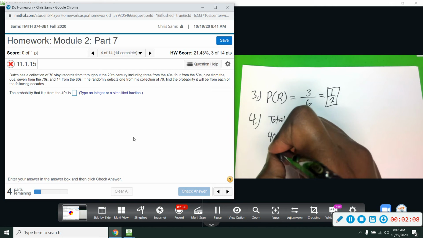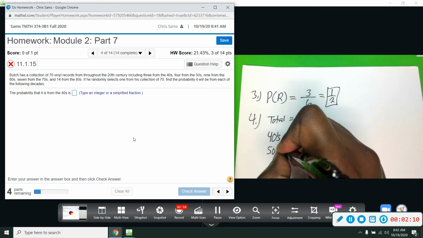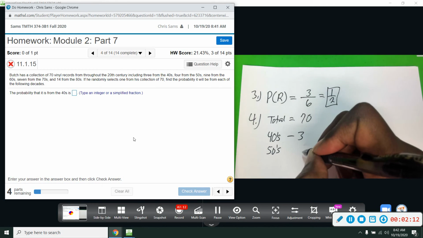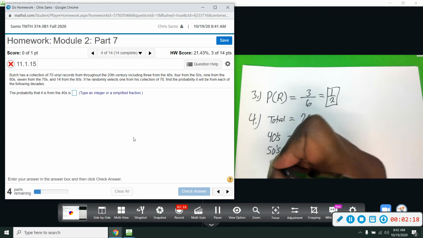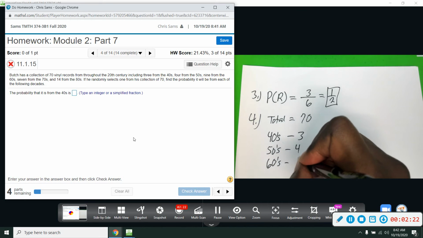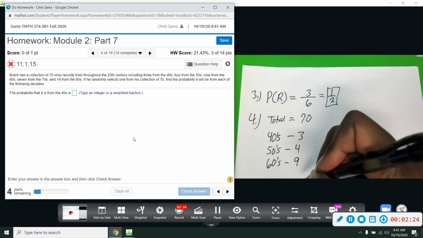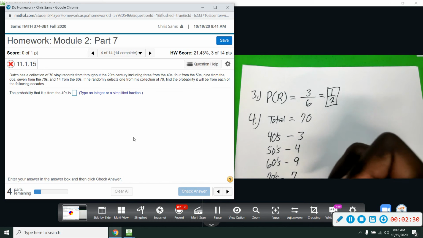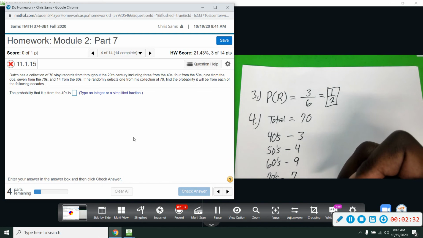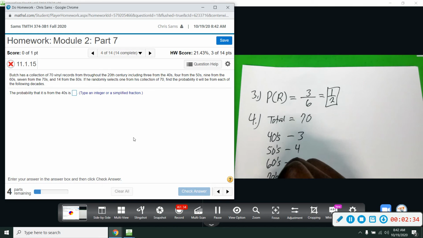From the 50s, he has 4. 9 from the 60s. 7 from the 70s. And they tell us 14 from the 80s.